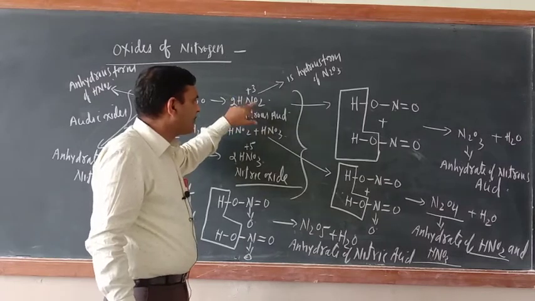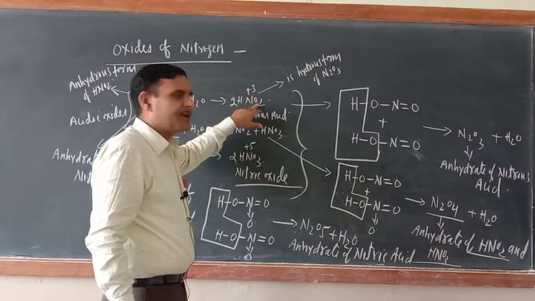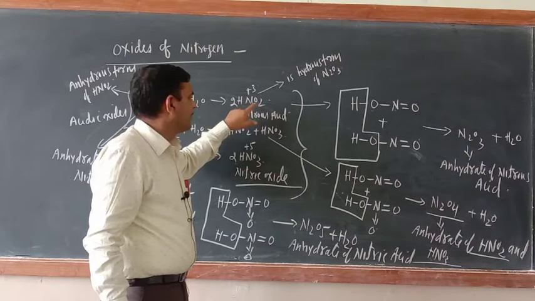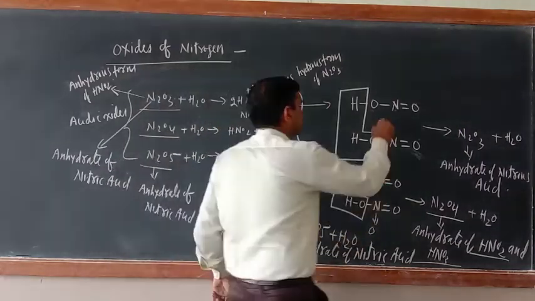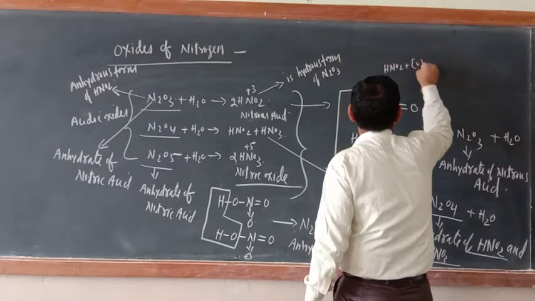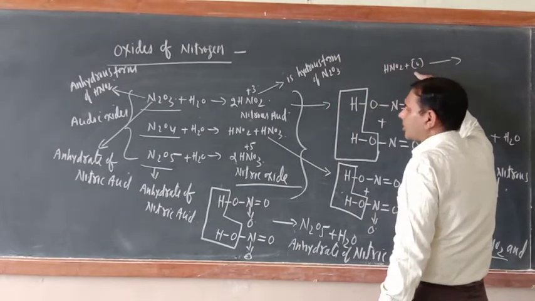HNO2 can be converted into HNO3 just by giving 1 oxygen. Because this is HNO2, if 1 oxygen is given, just see here, HNO2 plus 1 nascent oxygen. This nascent oxygen will be furnished by the oxidizing agent.